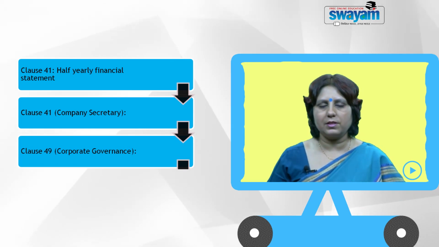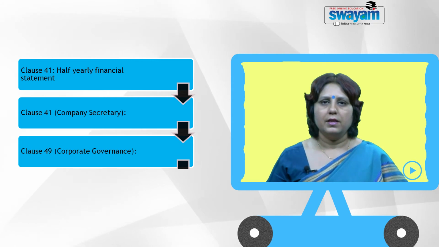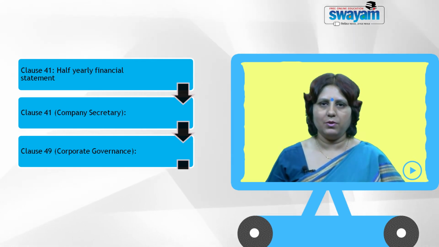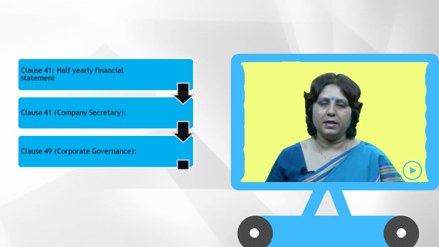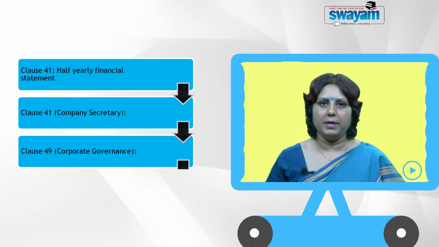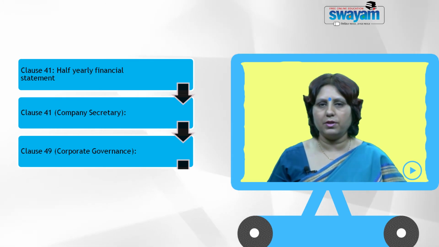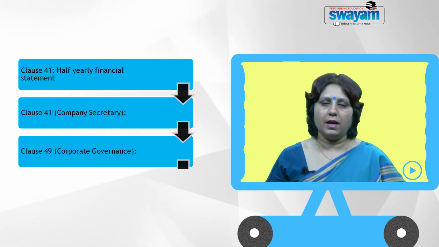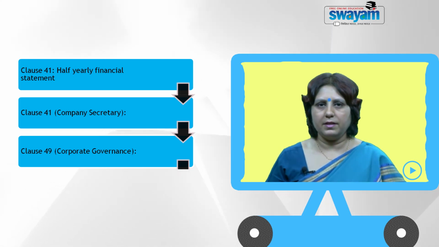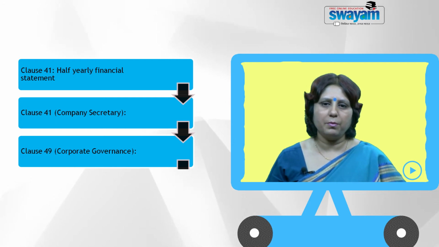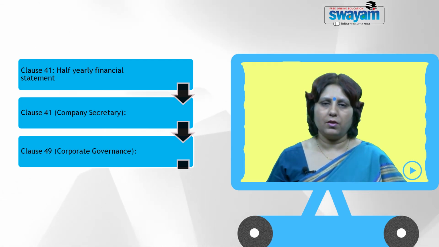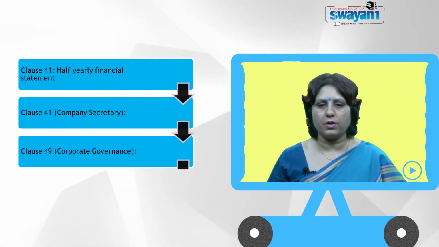Everybody knows that this clause relates to corporate governance. So over here, who are the CEO, CFO, who are independent directors, how the board of the company has to be constituted, how many independent directors, executive, non-executive directors should be there, and how the certification has to be done, what relationship directors should have with the company, related party transactions, all such information has to be given under the corporate governance clause, clause 49.